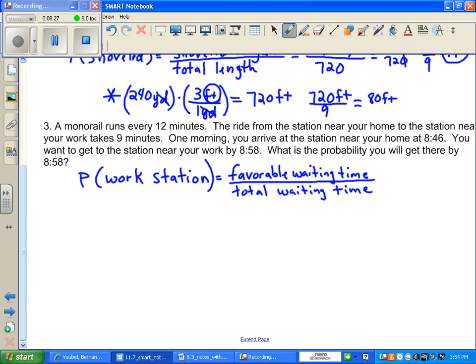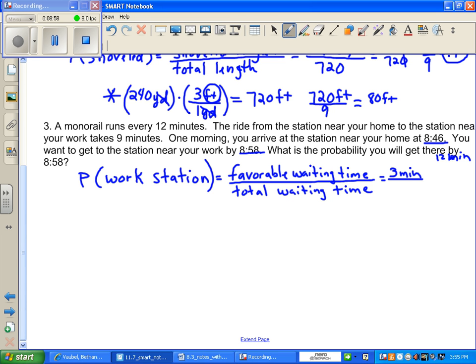Alright, since the ride takes me 9 minutes, from 8:46 to 8:58, there's 12 minutes there. But my ride takes me 9 minutes, so I only have up to 3 minutes that I can wait and get to the station by my work on time.